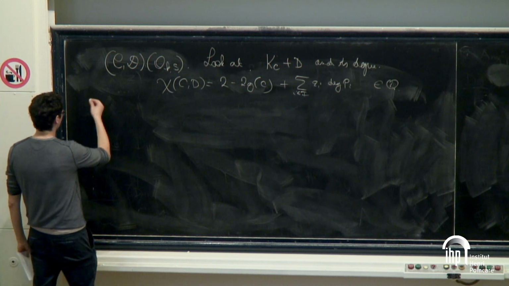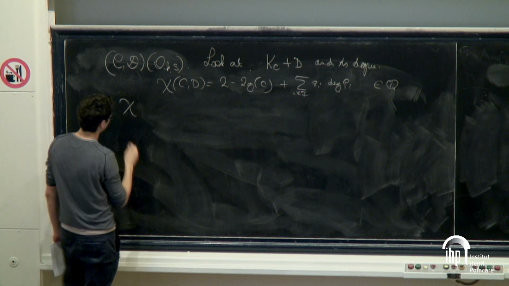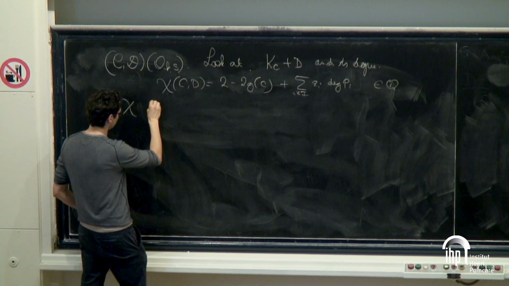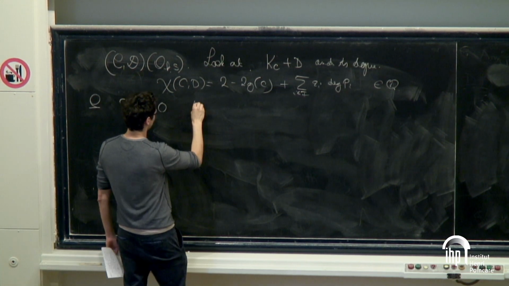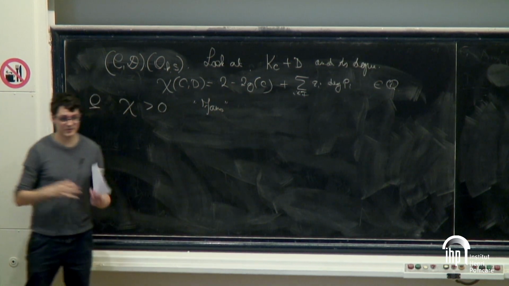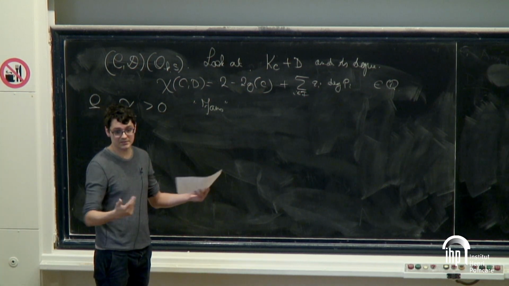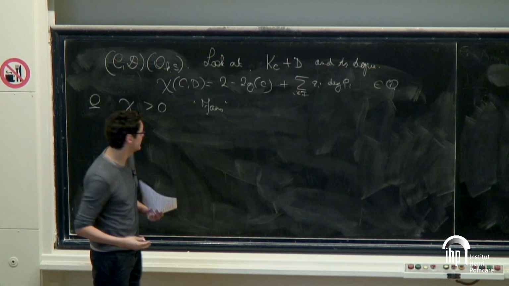So the obvious questions are: if chi is positive, then we're talking about a Fano object, so you should expect to see many of these points, and you're interested in counting how many of them there are.